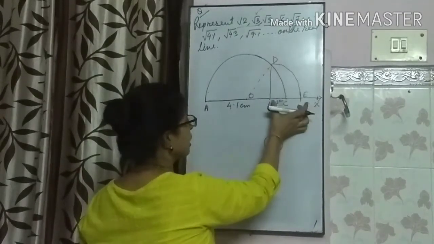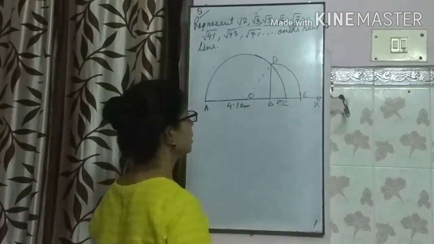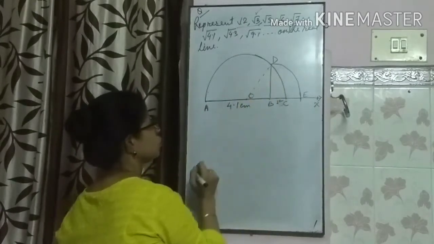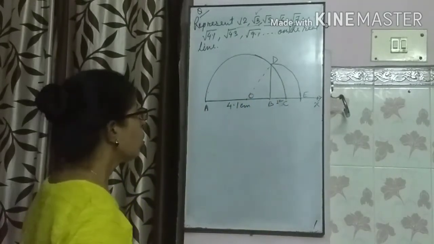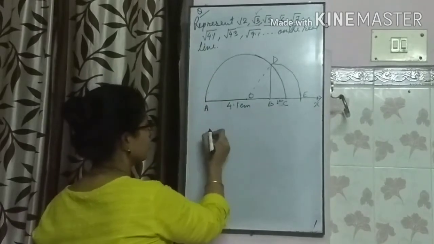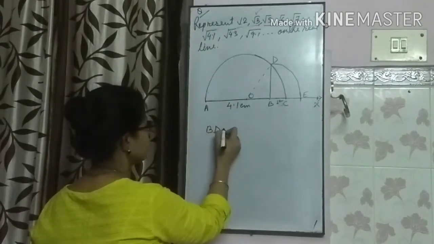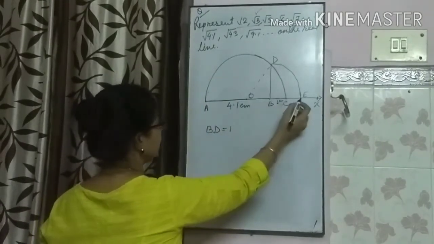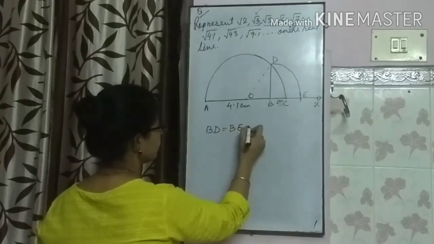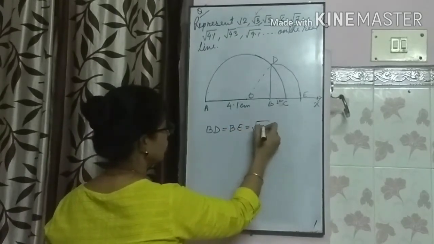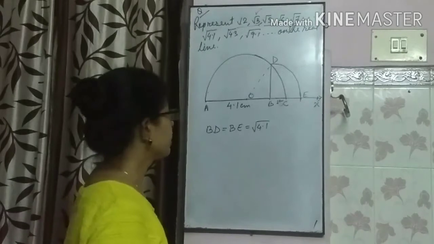Say it is E. This BD equal to BE measures square root of 4.1. So here BD is equal to BE will give you square root of 4.1 always.